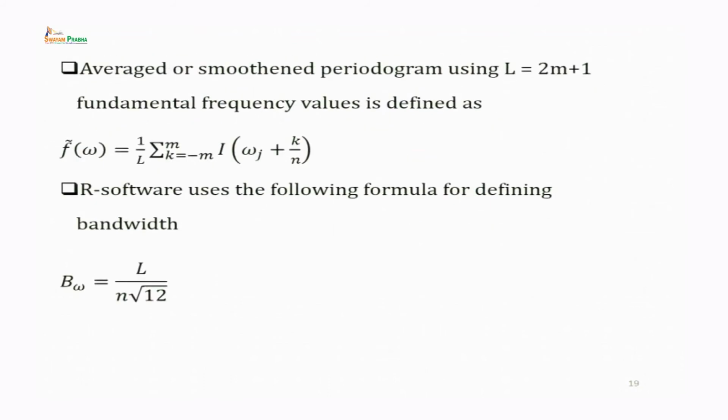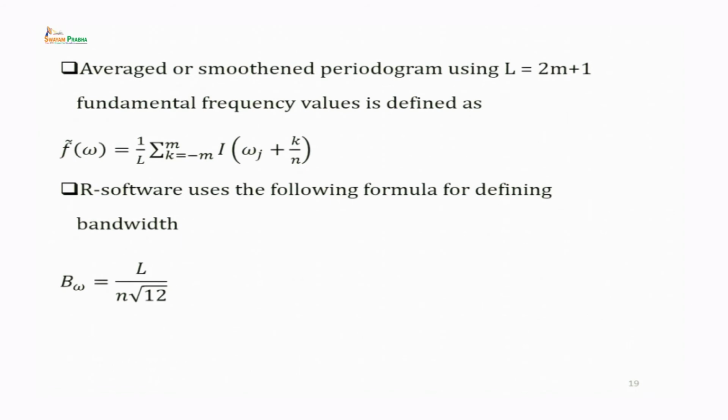The average or smoothed periodogram uses L equal to 2m plus 1 fundamental frequency values and is defined as f curl omega equal to 1 upon L summation k equal to minus m to m I omega j plus k by n.